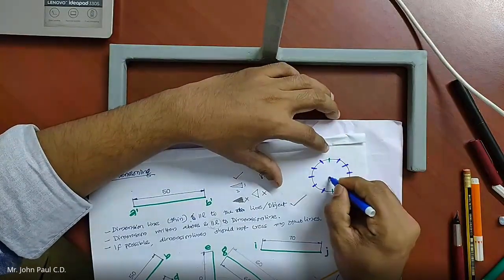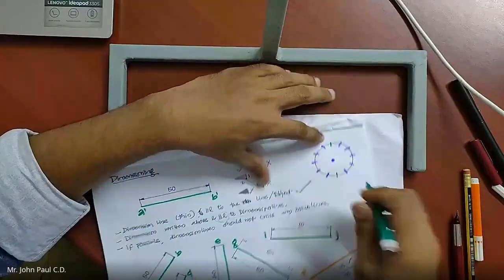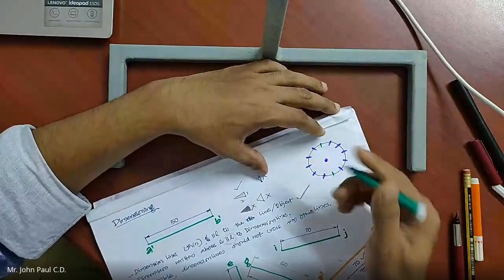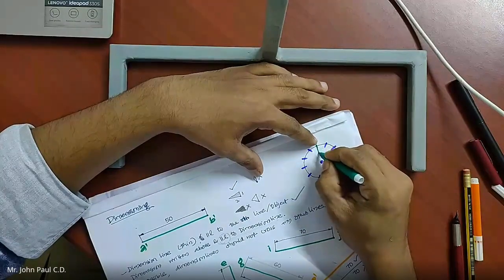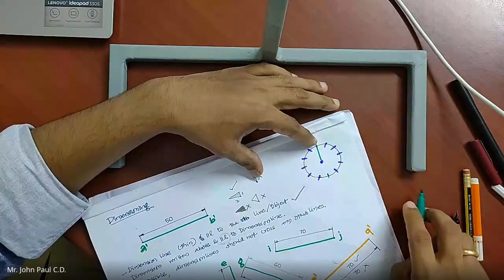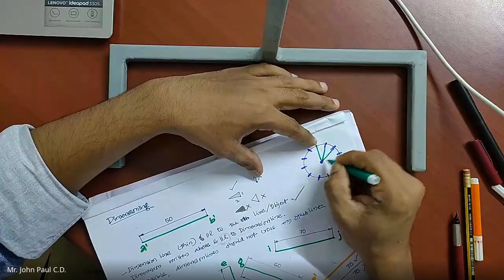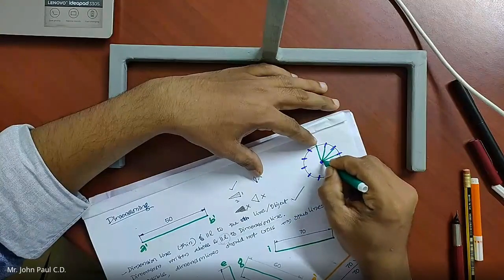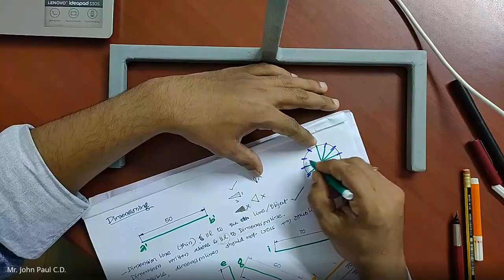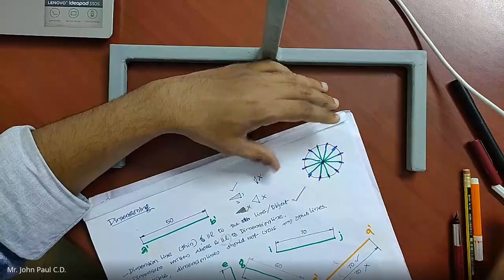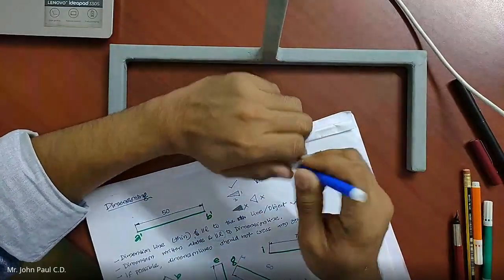So imagine you have an hour needle here, only hour needle. There is no minute or second needle. Assume that there is a bird sitting on this needle.